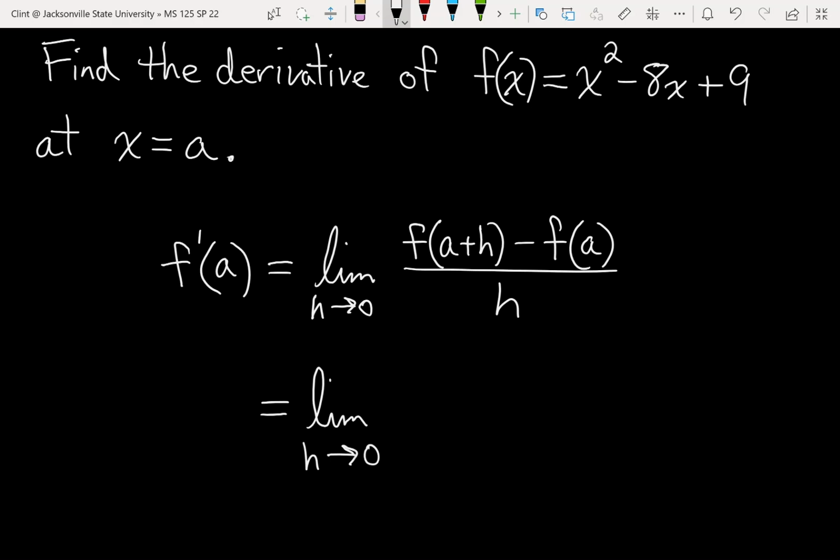So f of a plus h means everywhere we had an x, we substitute a plus h. Instead of x squared, we'll have a plus h squared, minus 8 times a plus h, plus 9.